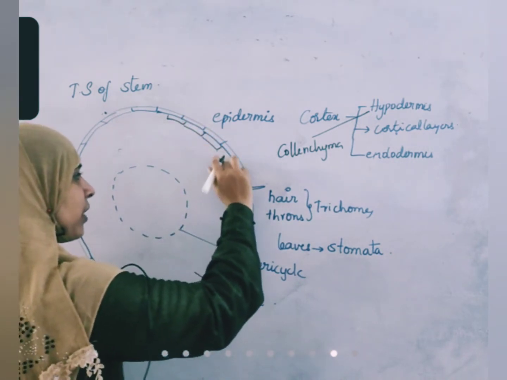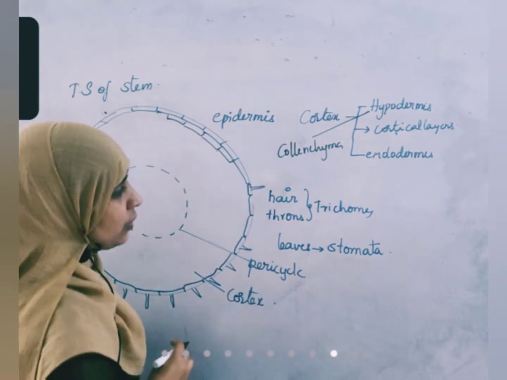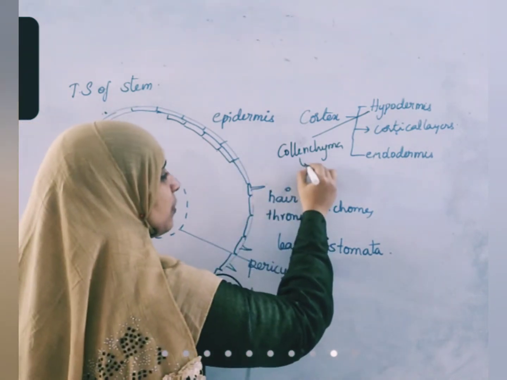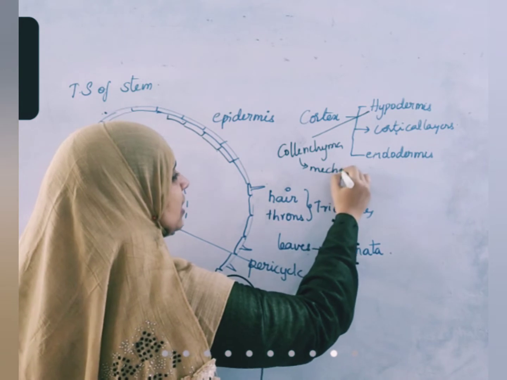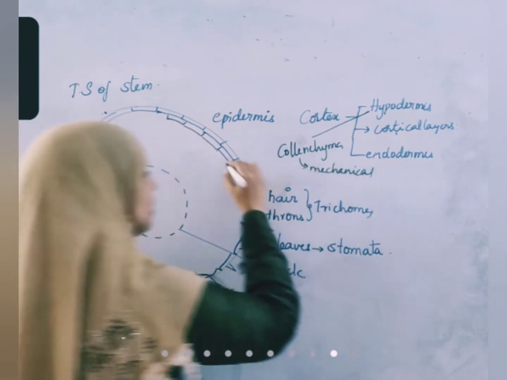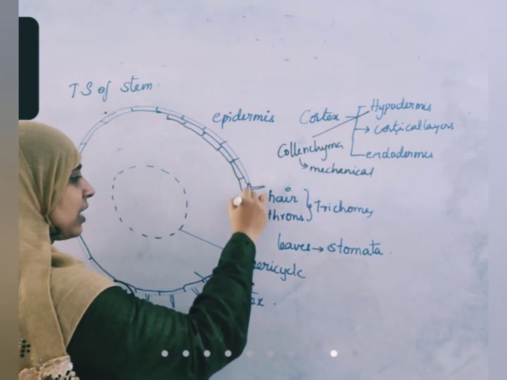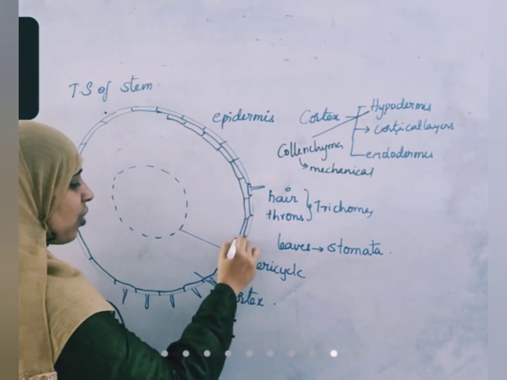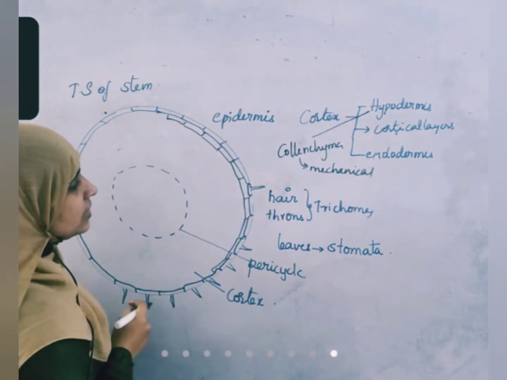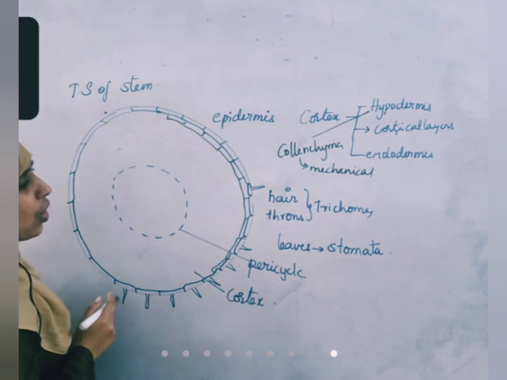What is the function of collenchyma? It gives mechanical support. So to give mechanical support, just below the epidermal layer there are a few layers of collenchyma called hypodermis.